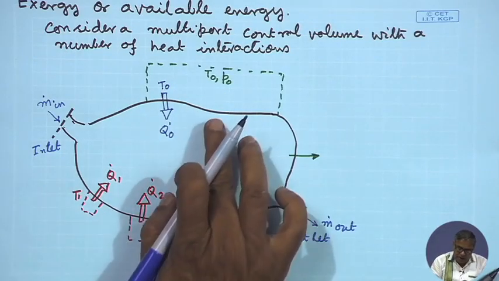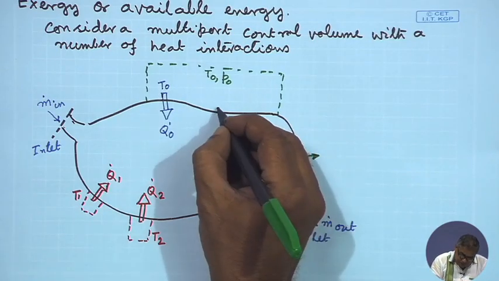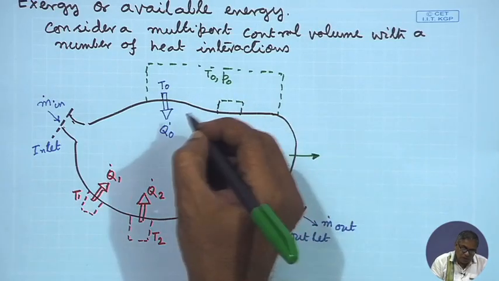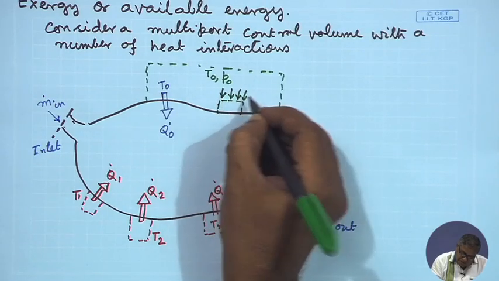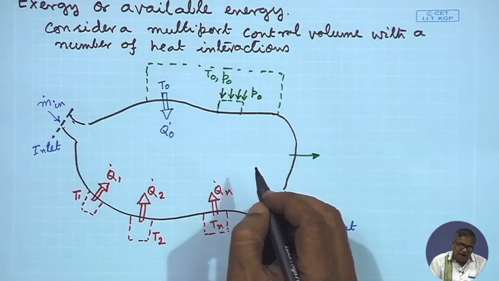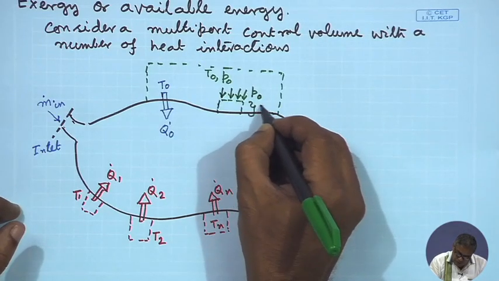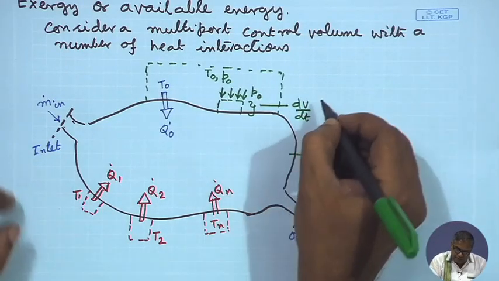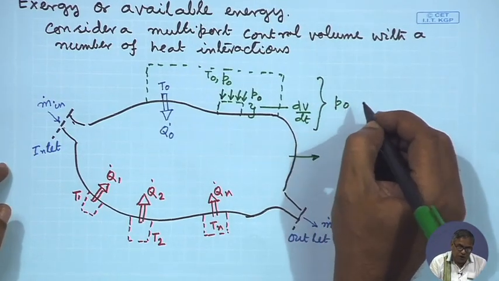Second thing, if the wall of the control volume is not rigid, then it will have some change of volume, because there is a pressure P 0 acting over here. With time this change of volume takes place. So, we can write this as dV dt, and then the work done will be P 0 into dV dt.